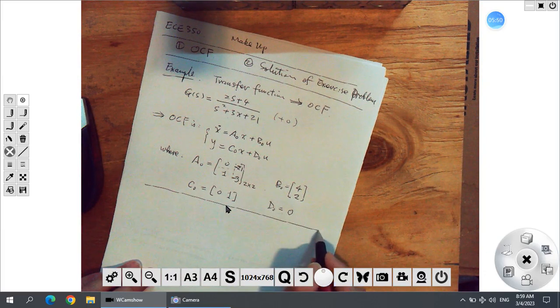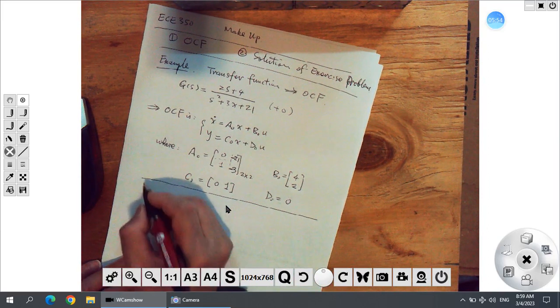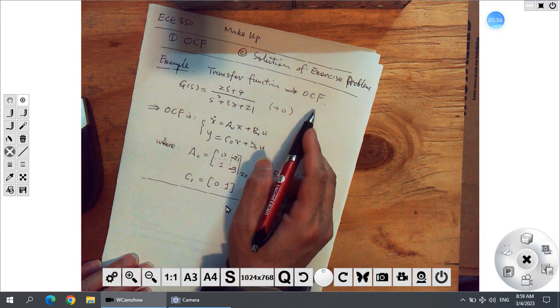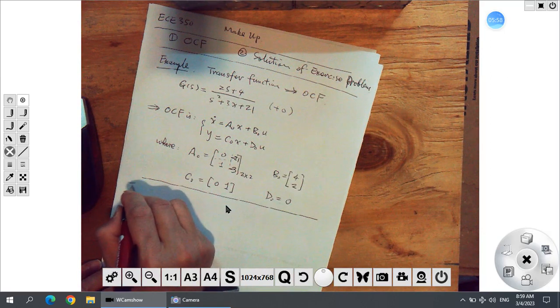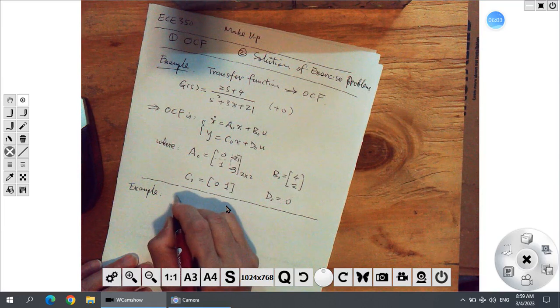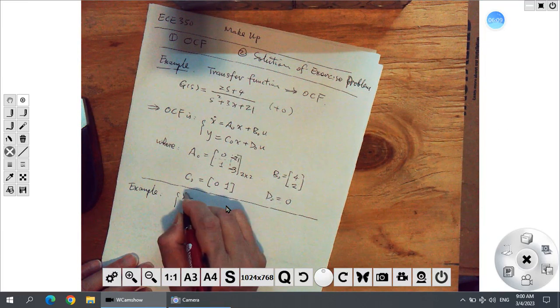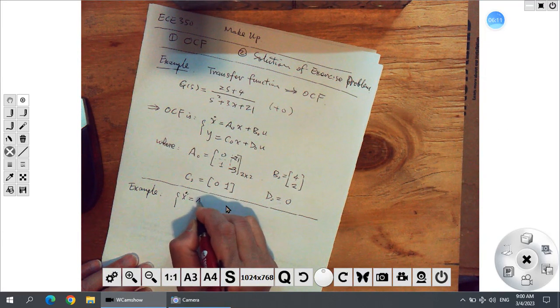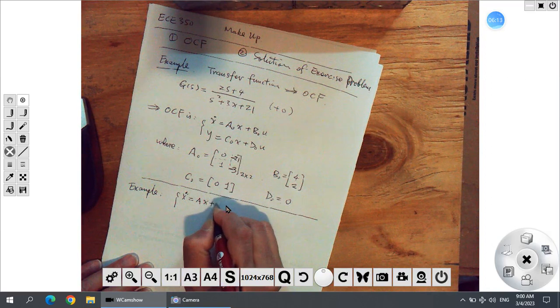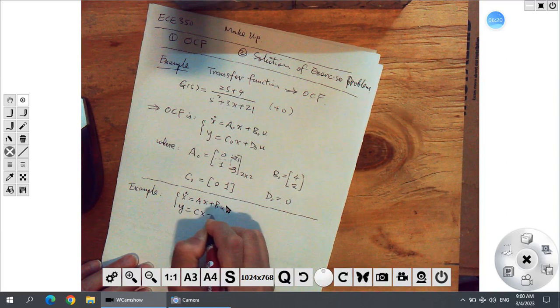Okay, now we give the second method to get the OCF. I still use an example to explain it. We will start from x dot equals Ax plus Bu, and y equals Cx plus Du.